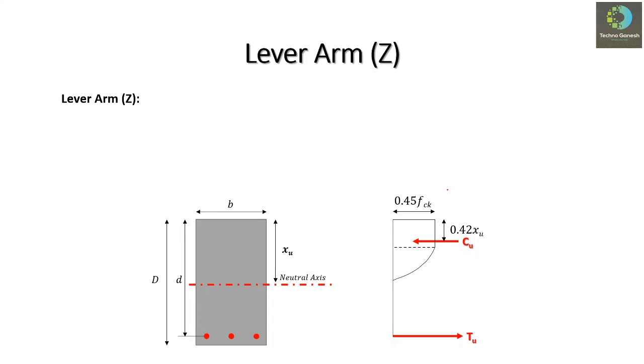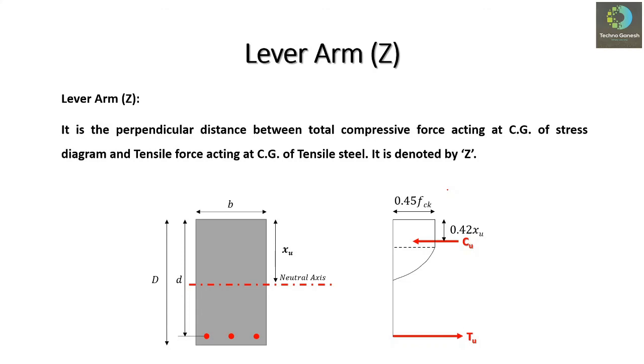The perpendicular distance between these two forces, compressive force Cu and tensile force Tu, is called the lever arm, and it is denoted by the letter Z. So Z will equal d minus 0.42 Xu. This lever arm is nothing but the perpendicular distance between the compressive force and the tensile force.